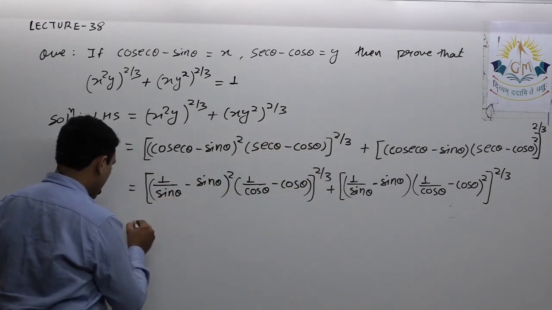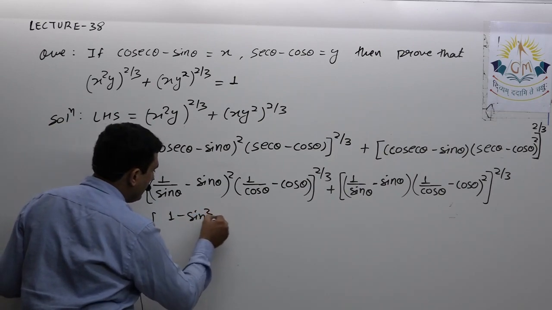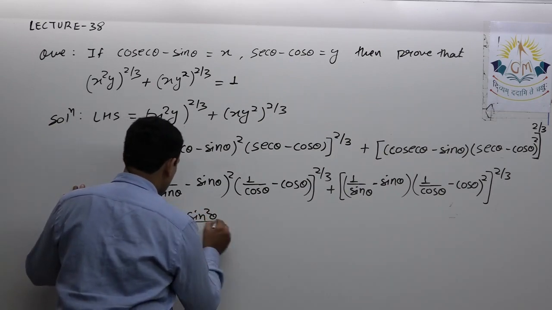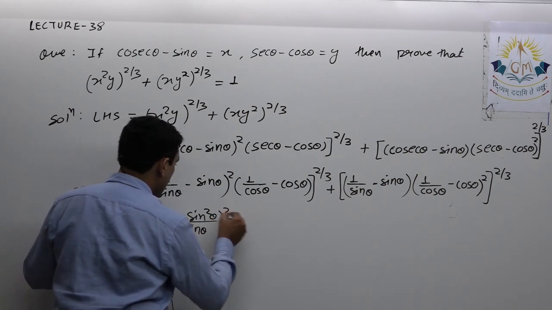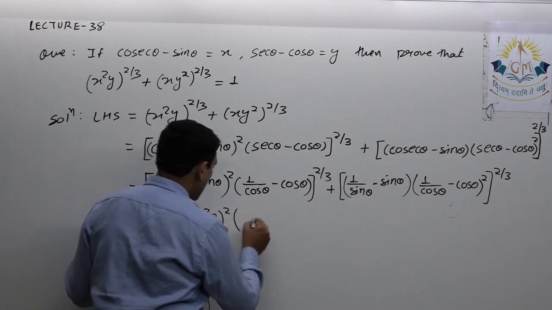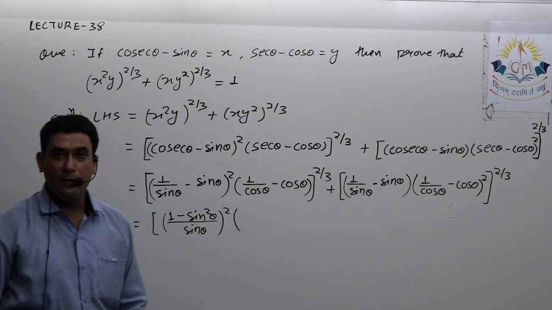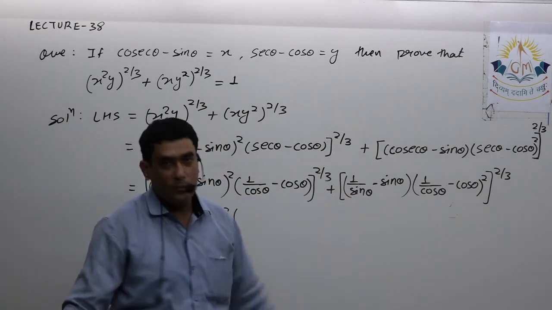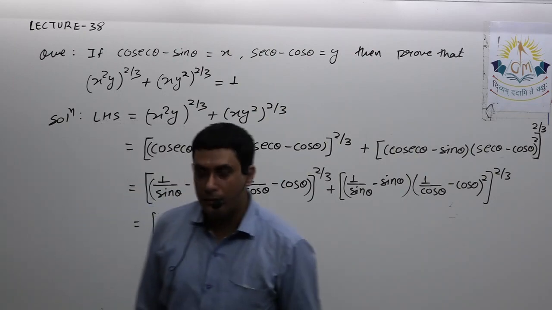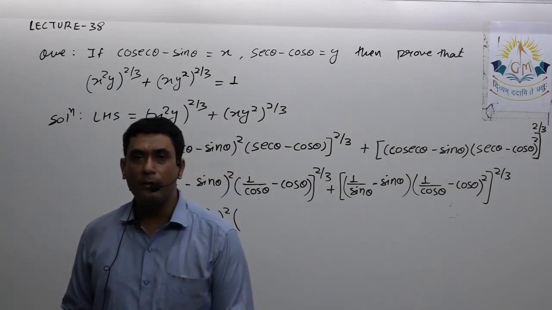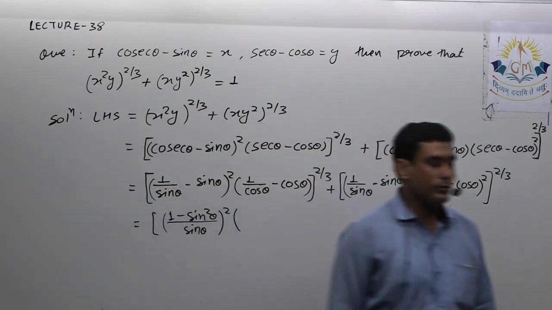Now here I will take LCM. Here again you have to take the LCM, and then again over there LCM. So try in this way, I'll give you 1 minute, almost similar to the previous sum. Try it and I will give you the solution.